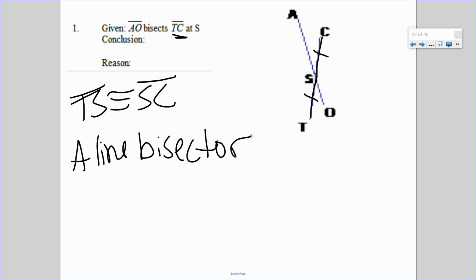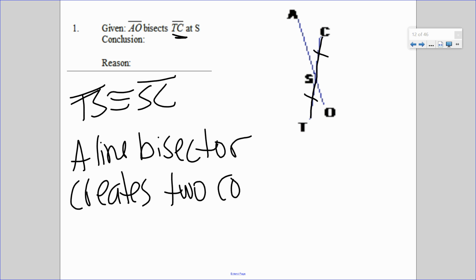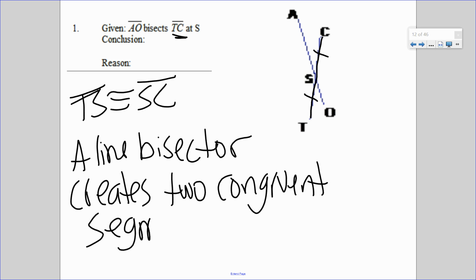So a line bisector creates two congruent segments. So it's pretty much the same definition as midpoint. A midpoint and a line bisector both create two congruent segments. However, if it says that it's bisecting, then we're writing a line bisector. If it says that it's midpoint, then I'm using midpoint.